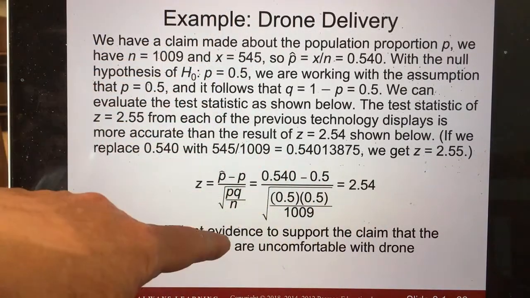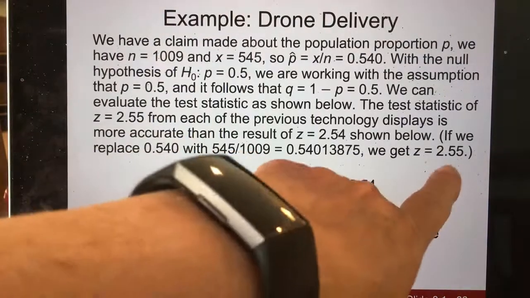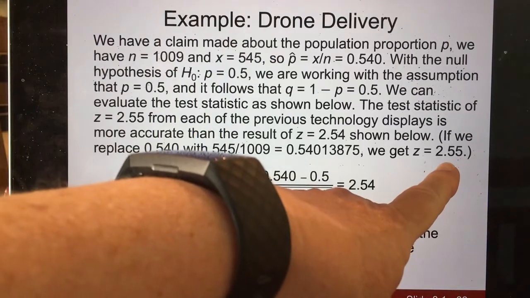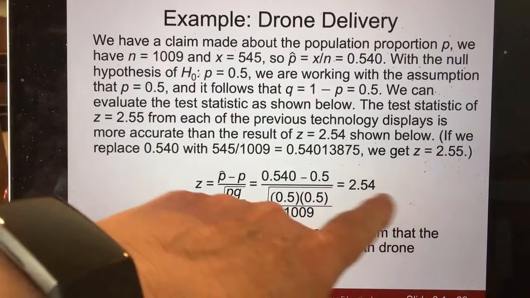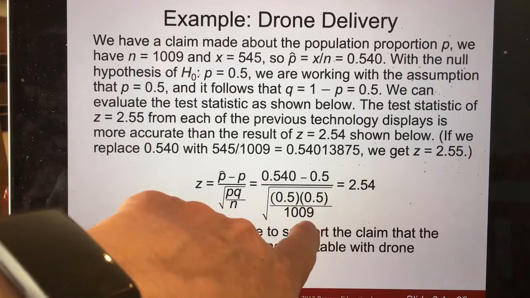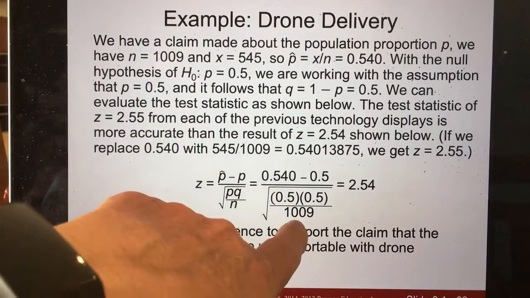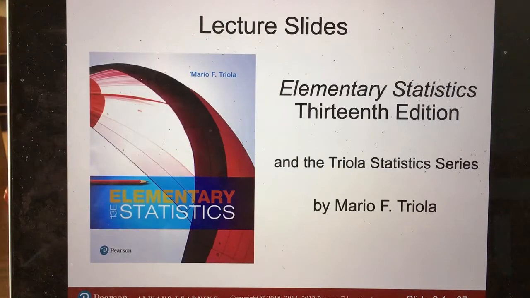This is if we didn't have the technology, we would have to do it this way. And notice that the 2.55 came from the technology and the 2.54 came from doing this. But if instead of using the estimate here, we used the exact proportions, we would get the same thing. And that is the end of 8.1. So 8.1 is strictly an overview, and we're going to start into 8.2, which is talking about hypothesis testing for proportions.